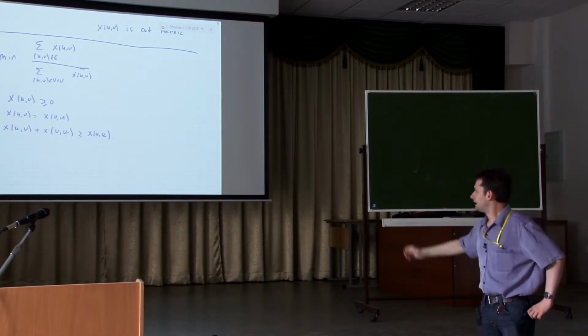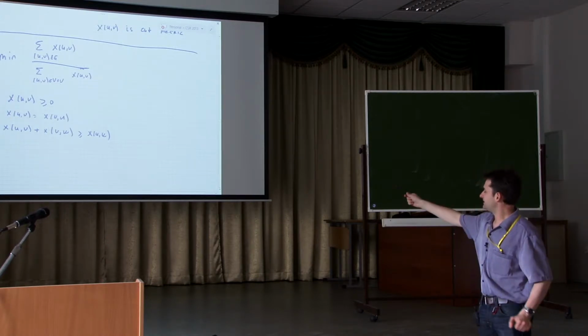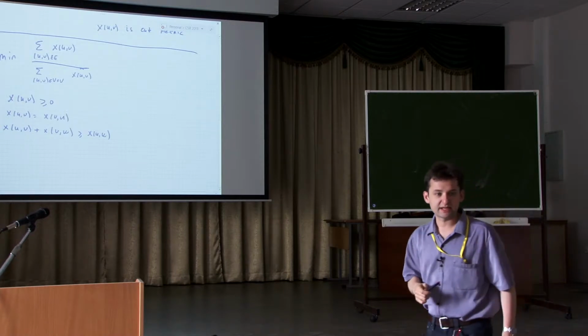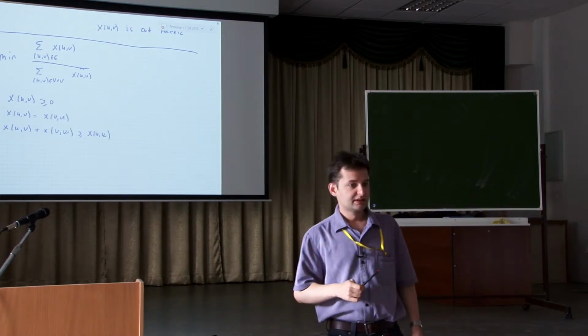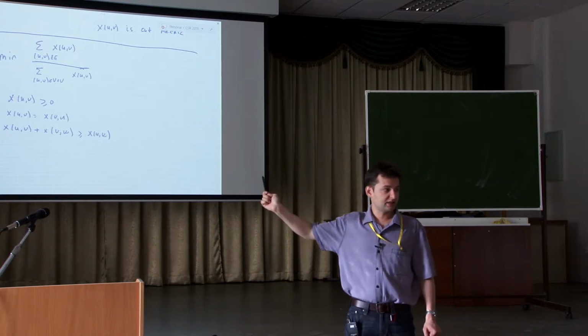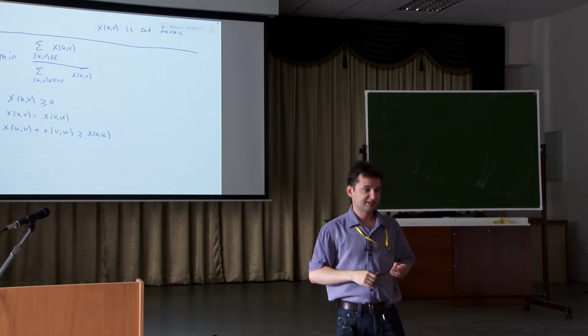As you can see, this program is homogeneous with respect to variable x. If you multiply x's by the same number, then the value of the objective function won't change, and all the constraints will be satisfied as well.